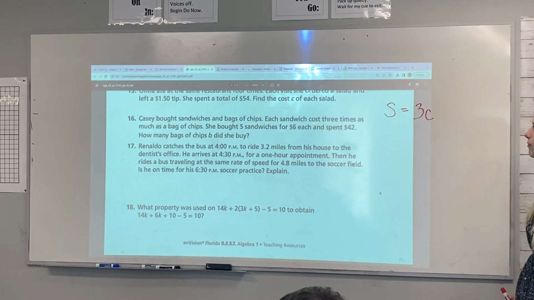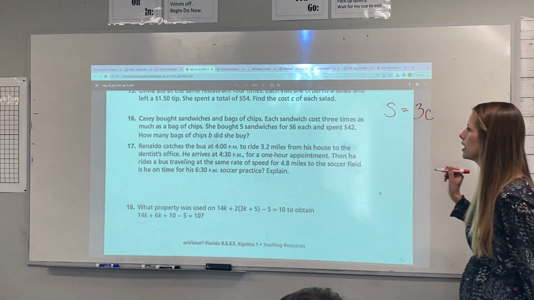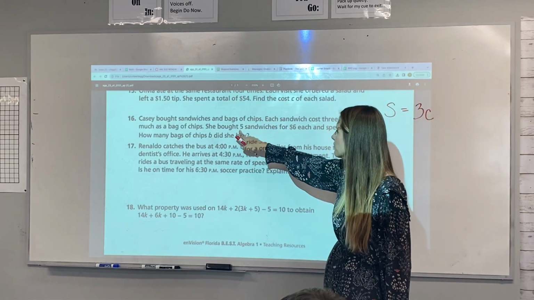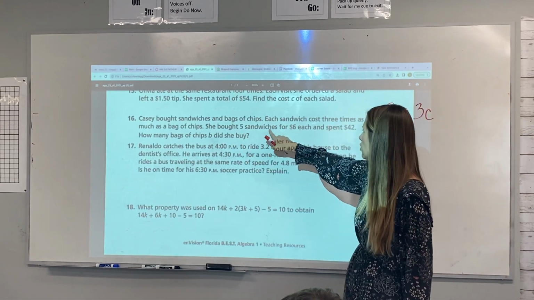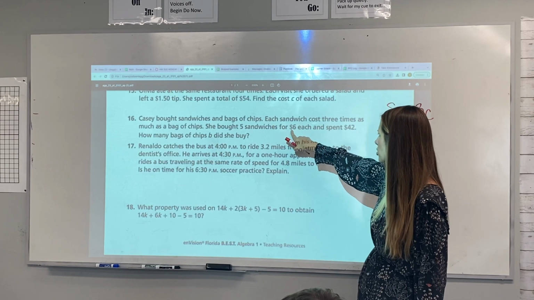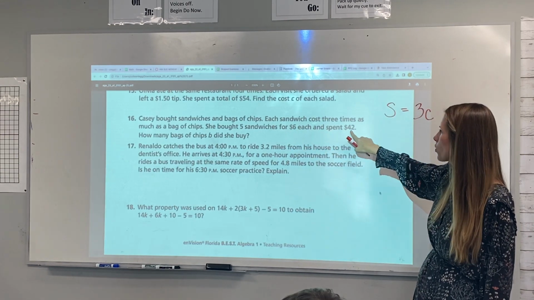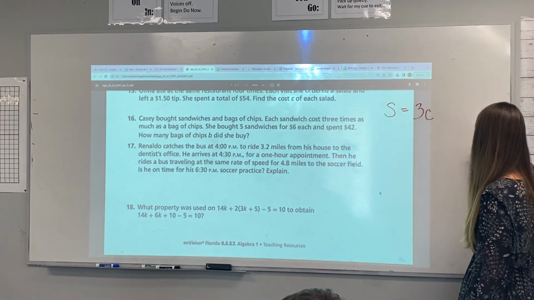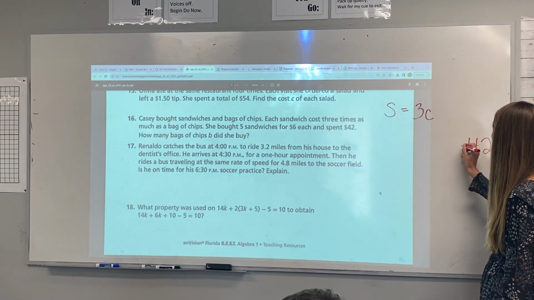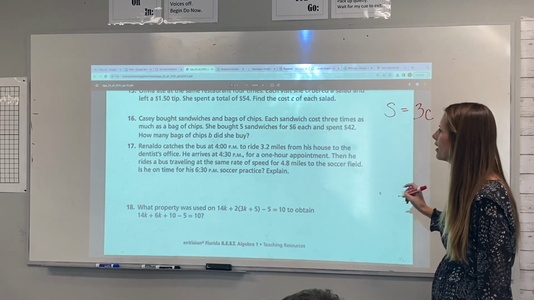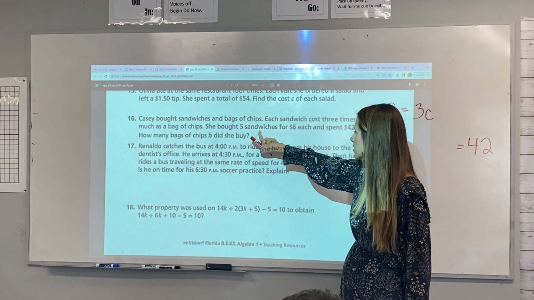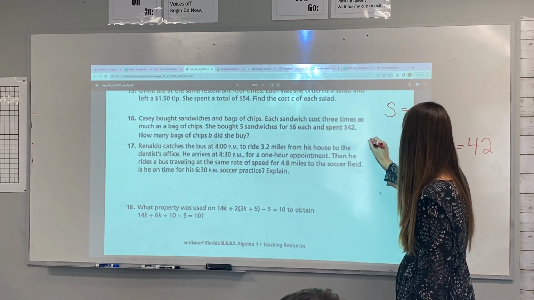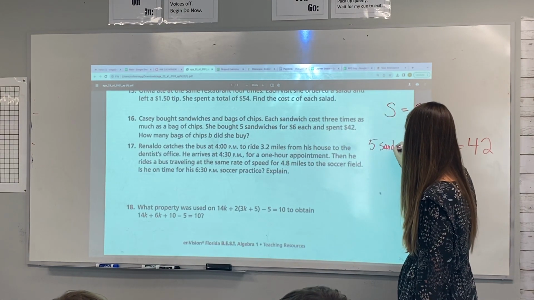Okay? That's just kind of mapping out the information that it's giving us so far. She bought 5 sandwiches for $6 each and spent $42. That's our total. She bought 5 sandwiches, so I'm going to write 5 sandwiches.